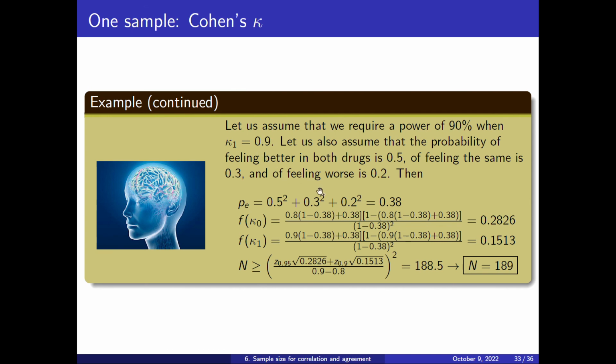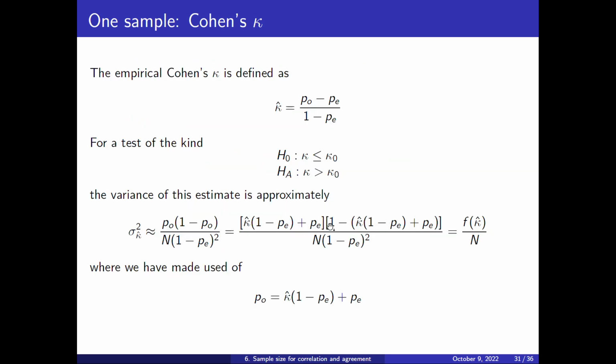Let us also assume that the probability of feeling better with both drugs is 0.5, feeling the same 0.3, feeling worse 0.2. So the expected probability of agreement is this one, and then f kappa 0 is simply going to be substituted here.